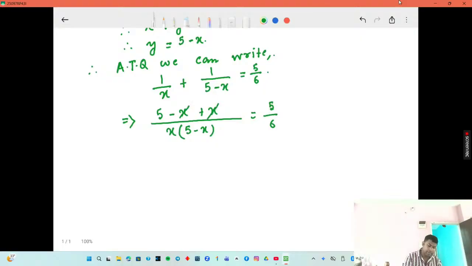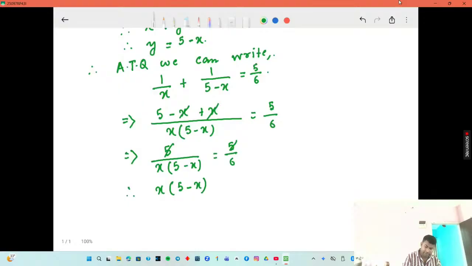So x cancels, and 5 by x into 5 minus x is equal to 5 by 6. 5 and 5 cancel. Therefore x into 5 minus x is equal to 6.